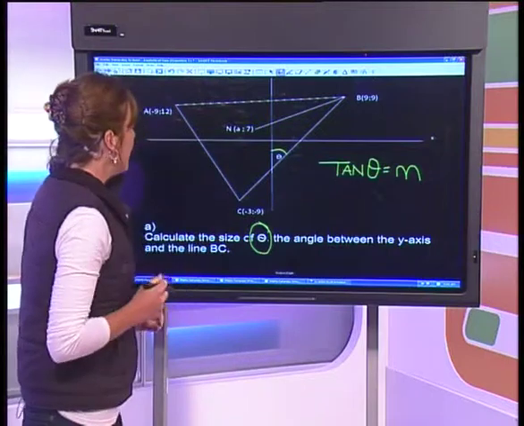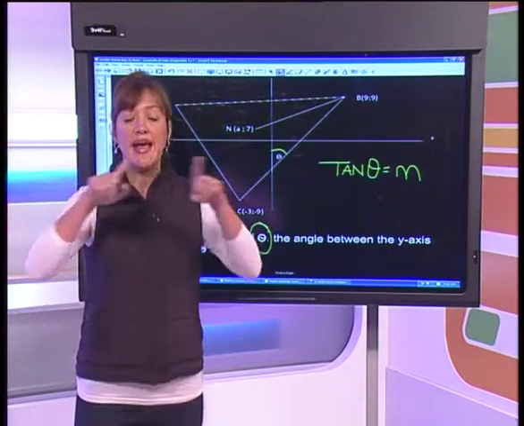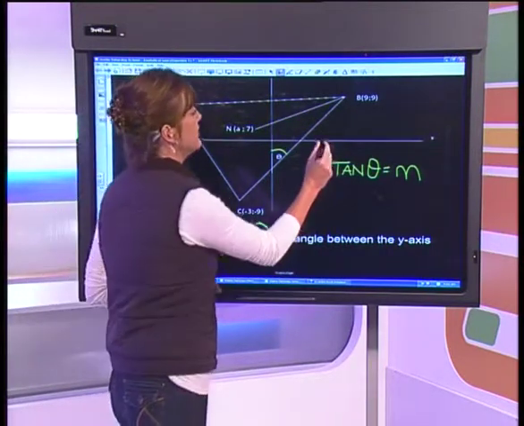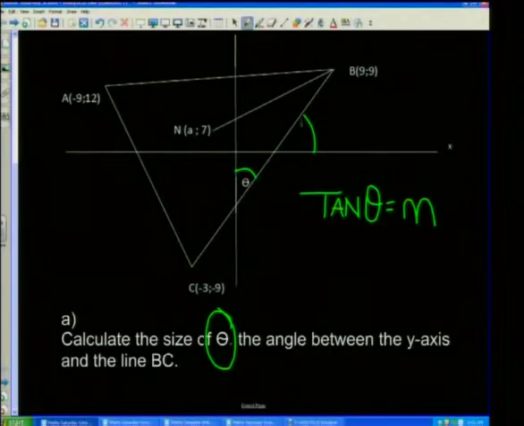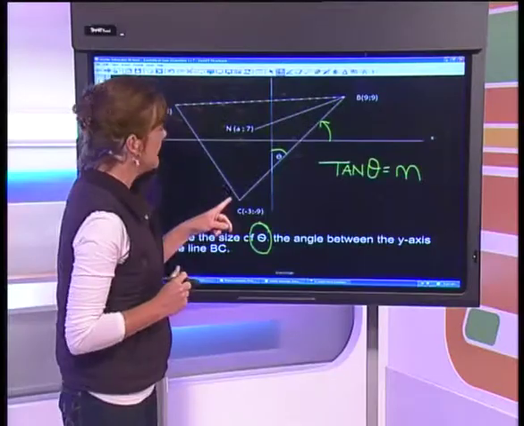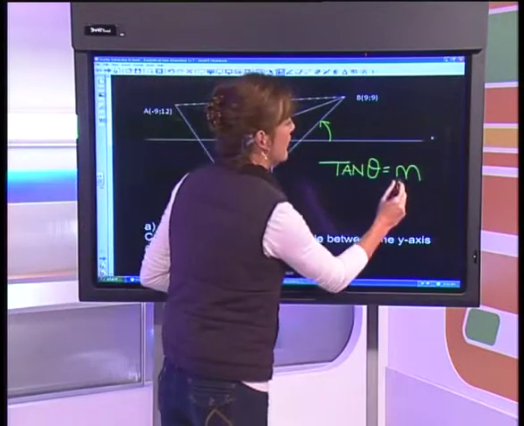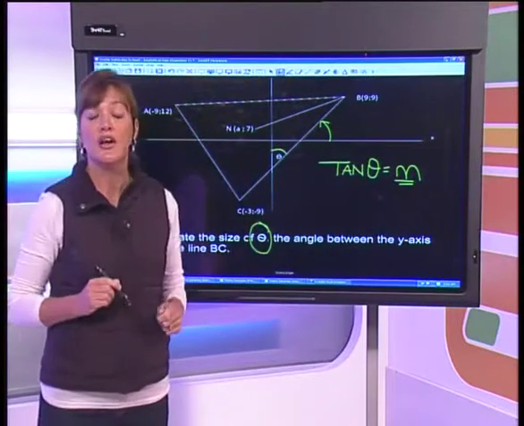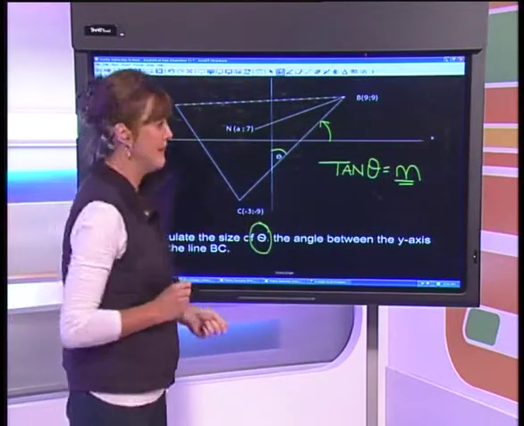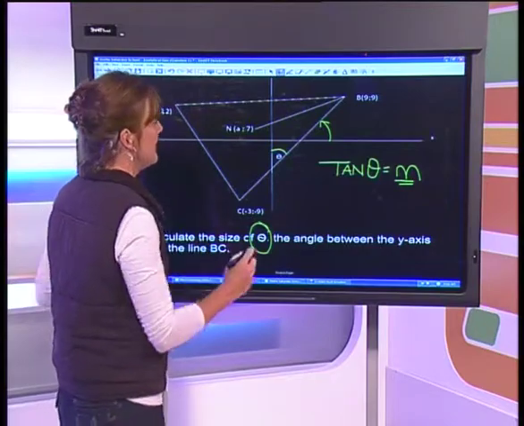The next thing about inclination is that your angle of inclination is always the angle created between the x-axis and the line that we are talking about. So we're talking about line BC. The first thing we are going to have to do is work out the gradient of line BC. Okay, so let's get going with that.